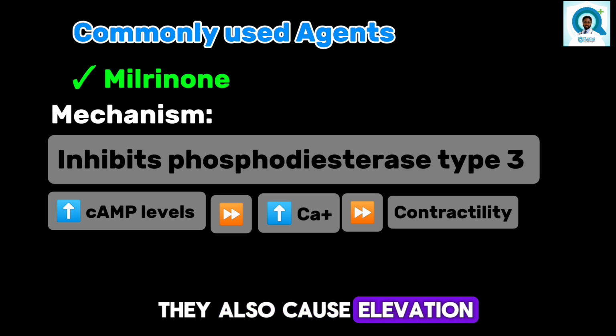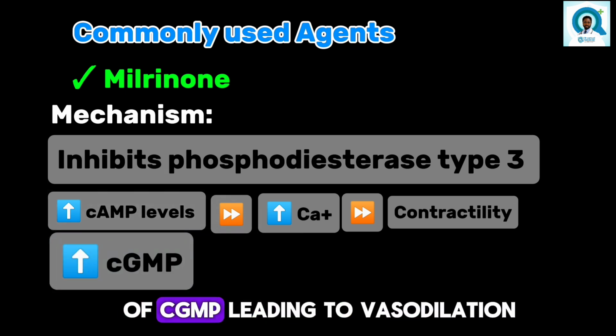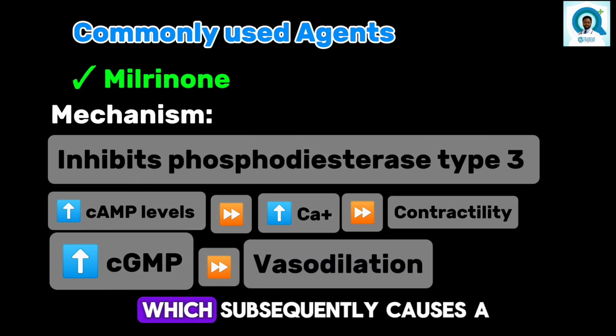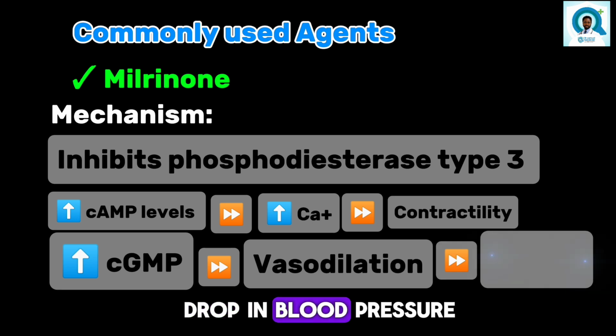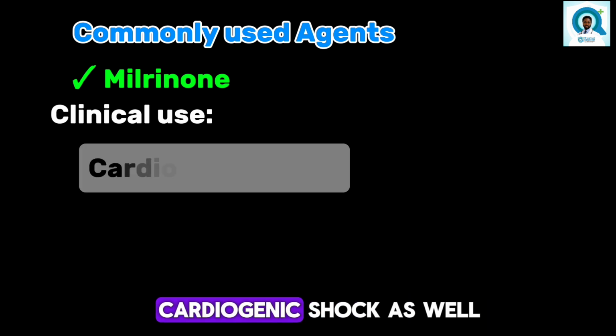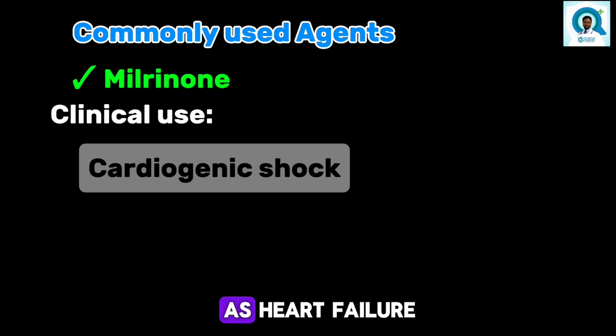They also cause elevation of cGMP, leading to vasodilatation, which subsequently causes a drop in blood pressure. They are used in cardiogenic shock as well as heart failure.